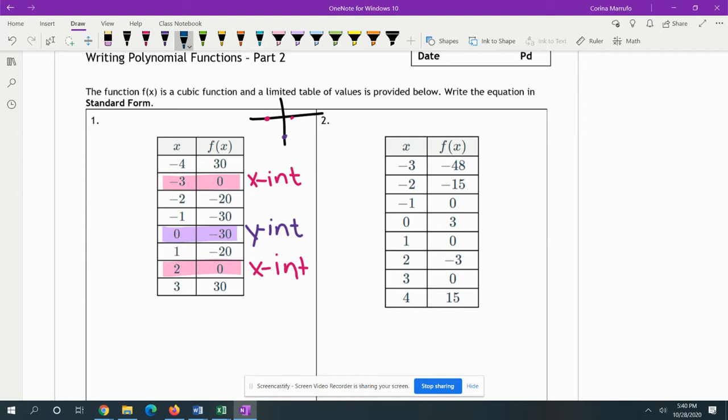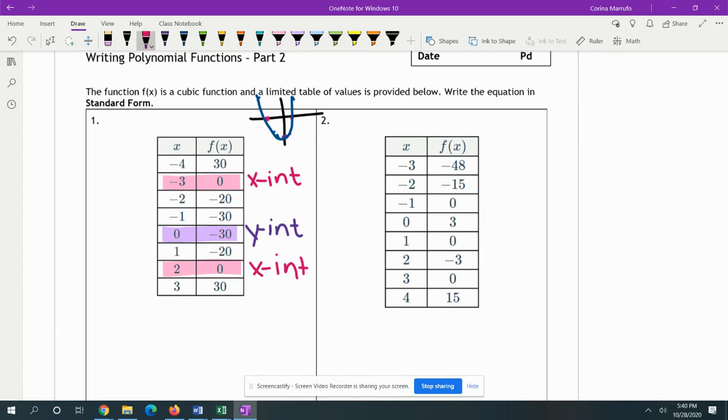Yeah, it's going to look like a parabola shape. So we have these two zeros.